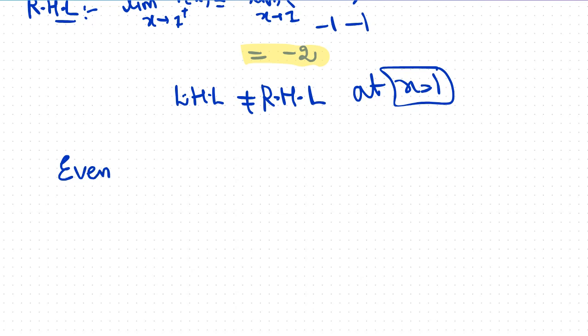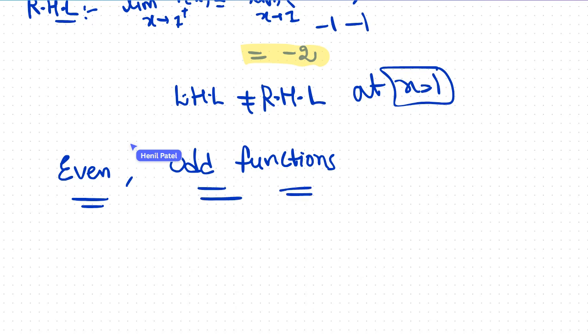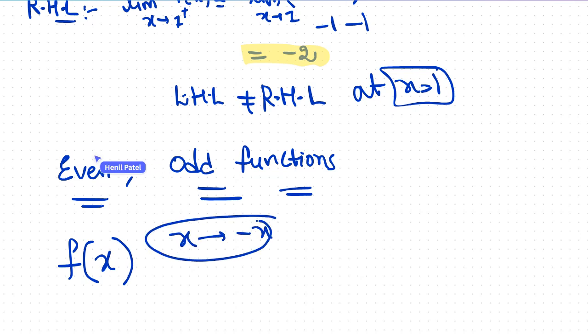Even functions and odd functions. Even and odd functions means if you change x to negative x, f of negative x is the same as f of x.